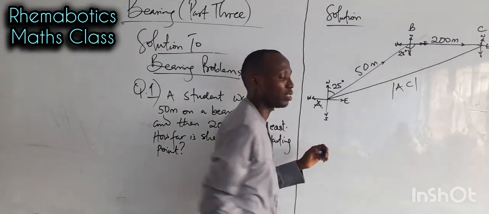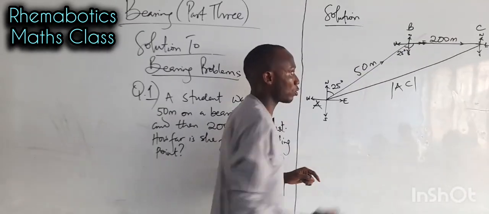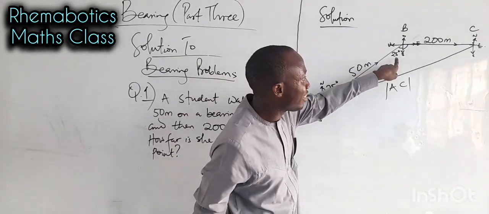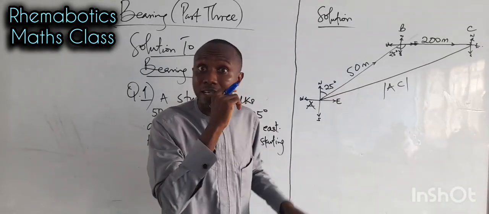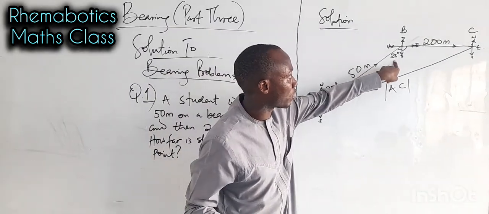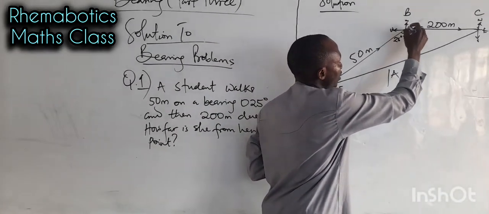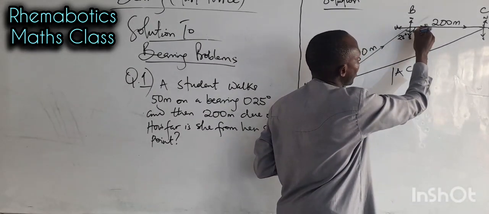So, this particular angle is 25 degrees. Why is it 25 degrees? This line is parallel to this line. So this angle is equal to this angle because they are alternate angles. So what is this angle now? Since this is due east, this angle is 90 degrees.